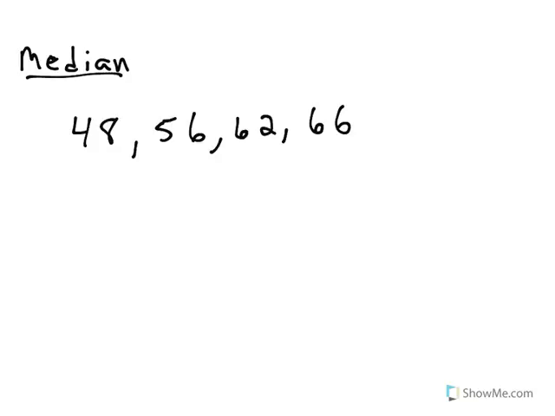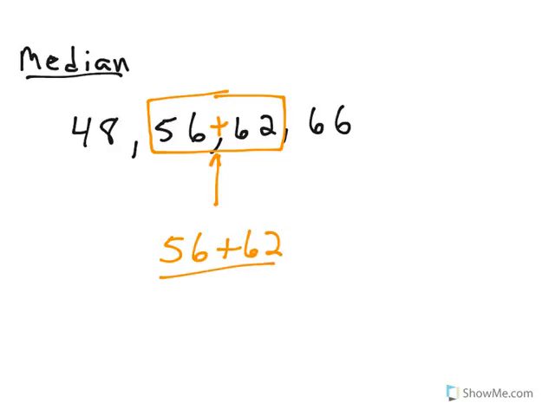Another example of median, here we have an even set of numbers, 1, 2, 3, 4 values. So there is no middle number. So to find the median, we add the 2 middle values when you have an even set of data values. We add them together, 56 plus 62, and then divide by 2.